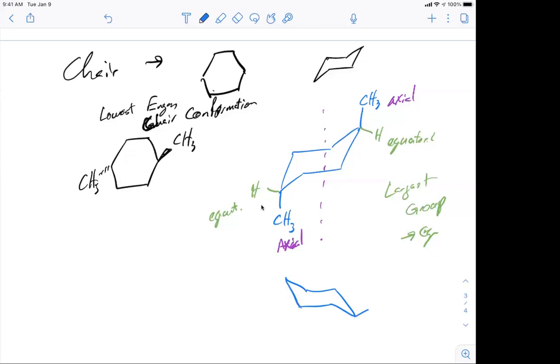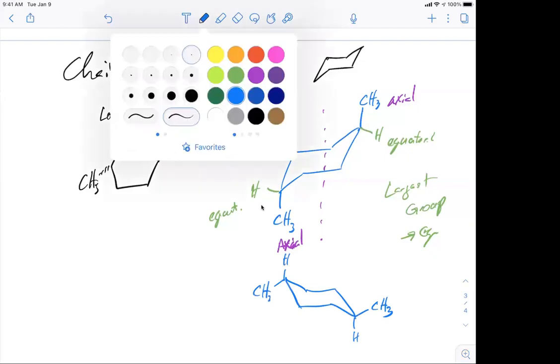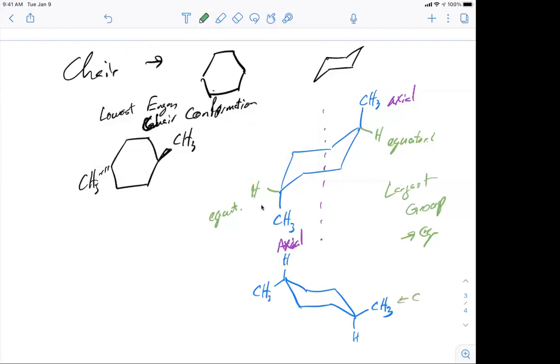And what happens now is the CH3 is here and the CH3 is here. It's still the same structure. I haven't changed it. I've just changed the way I'm looking at it, and I've flipped the two. Now the hydrogens are in the axial and the methyls are equatorial. Questions about this one?